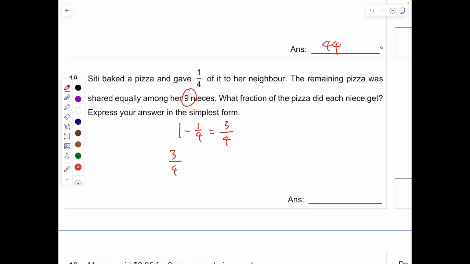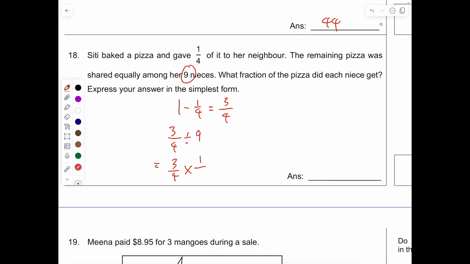So 3/4 divided by 9. We flip the fraction. Simplify it. Okay, and your answer would be 1 times 1 is 1, 4 times 3 is 12. And your answer is 1/12. Each niece will get 1/12 of the pizza.